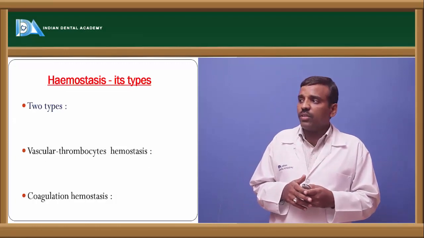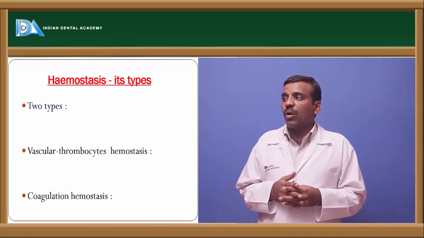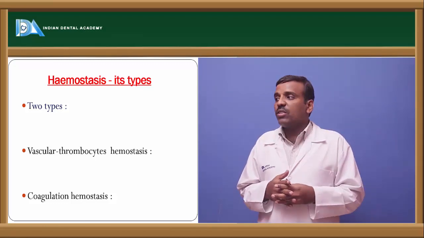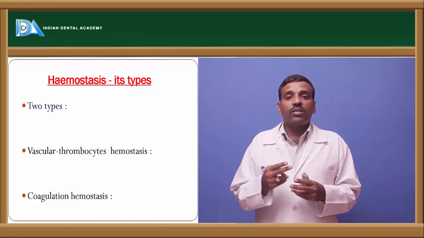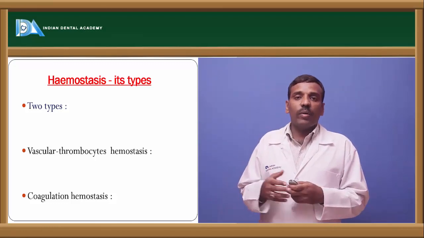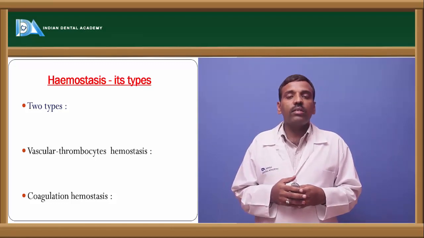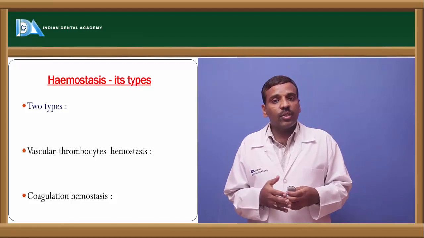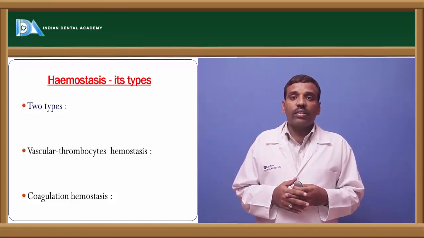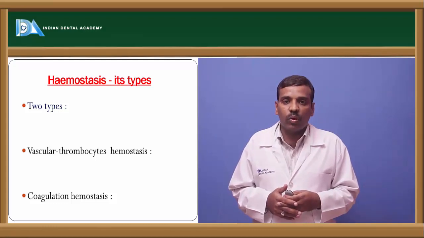After this, hemostasis is of 2 types: vascular thrombocyte hemostasis and coagulation hemostasis. Vascular thrombocyte hemostasis is involved in the first 2 stages, vasoconstriction and platelet plug formation, and coagulation hemostasis is by 2 pathways, the intrinsic pathway and the extrinsic pathway, through the clotting factors. There are 13 clotting factors involved in the coagulation process.